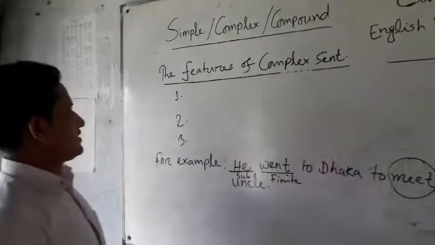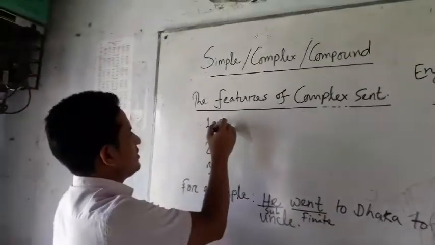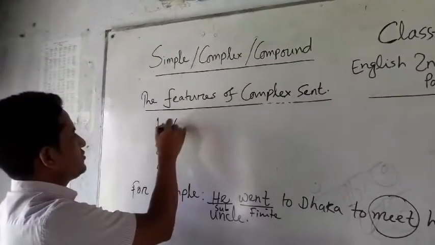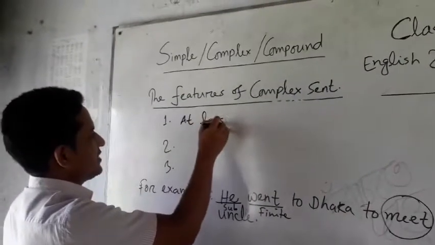In a complex sentence, we find at least 2 subjects, okay?